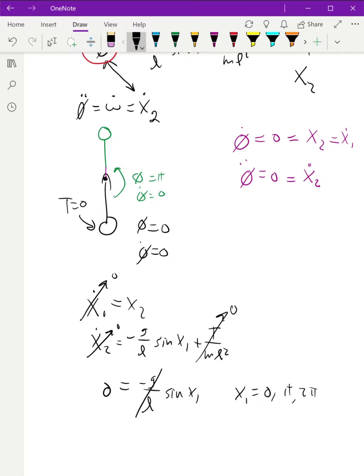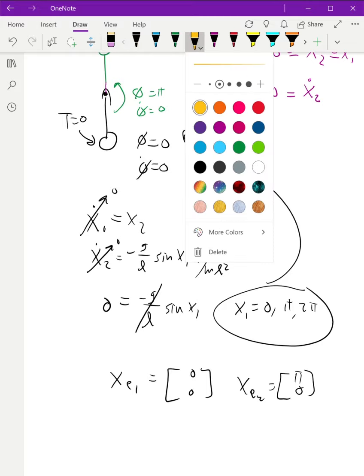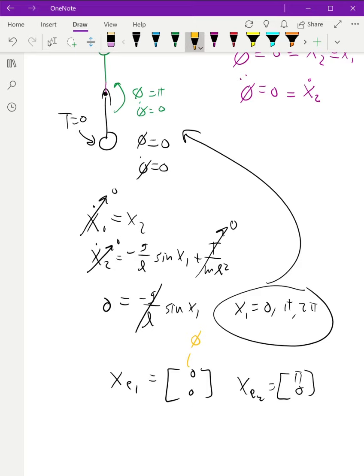And that's exactly what we expect to have happened. So our equilibrium values are 0, 0, and pi, 0. So this entry is theta, this is theta dot, otherwise known as x1, x2, x1, x2.